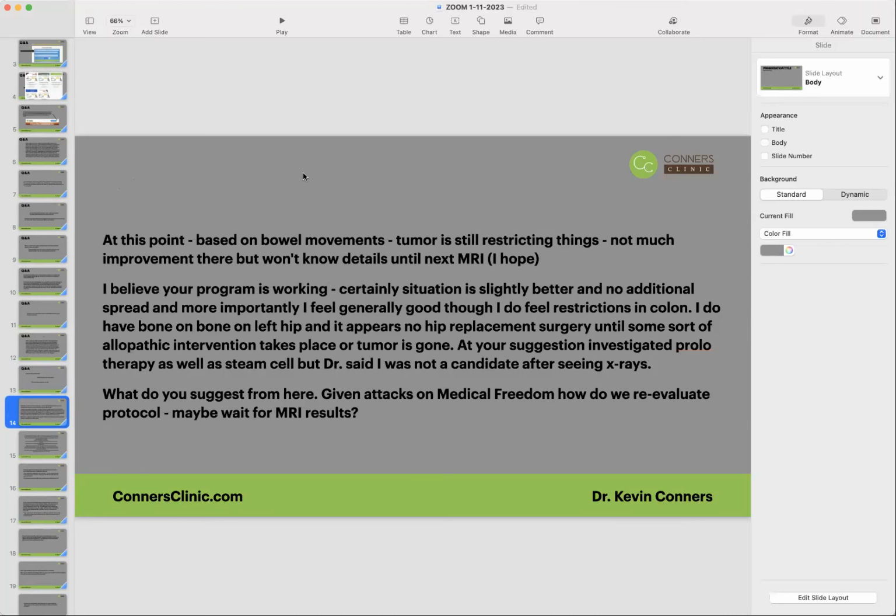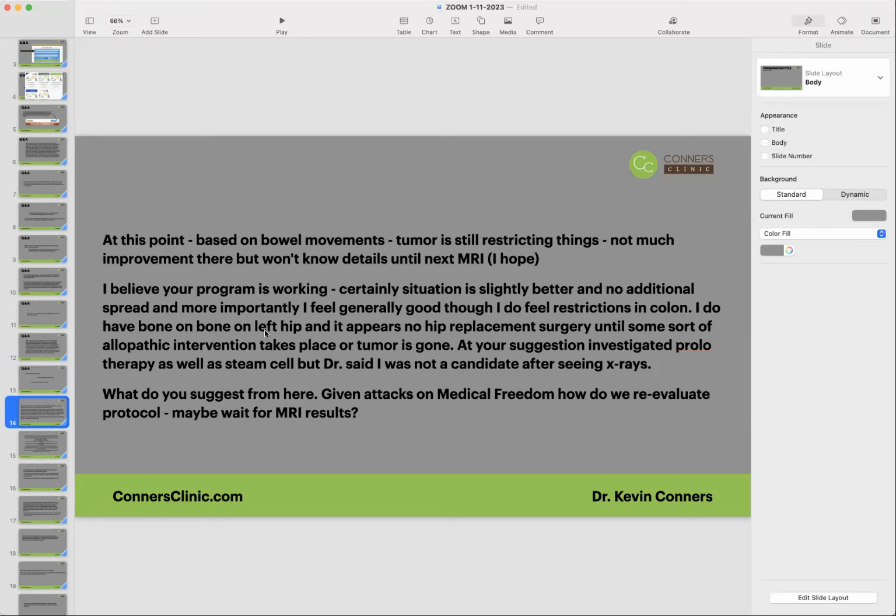So at this point, based on bowel movements, my tumor is still restricting things. Not much improvement there, but we won't know until the next MRI, I hope. I believe your program is working. Certainly, the situation is slightly better with no additional spread. And more importantly, I feel generally good, though I do feel restrictions in the colon.